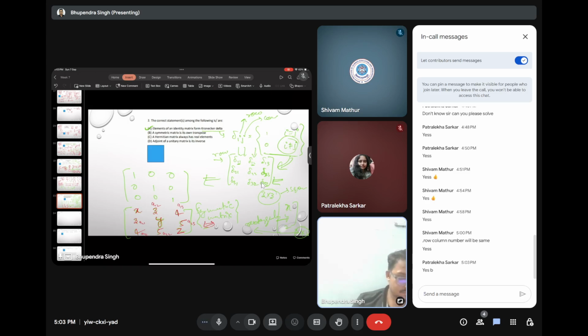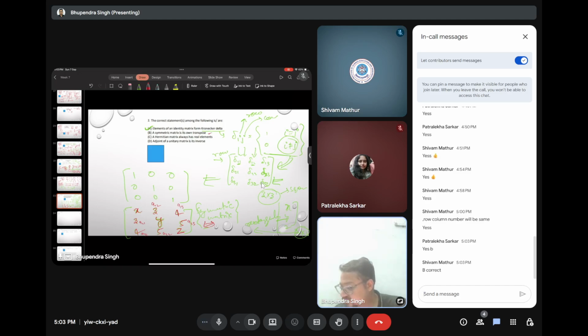Yes, option B is correct, because if you take the transpose of the symmetric matrix, again you will get the same matrix. So B is the correct answer.